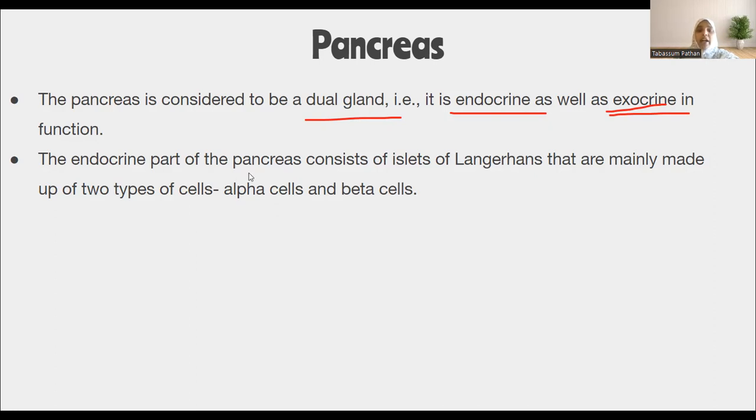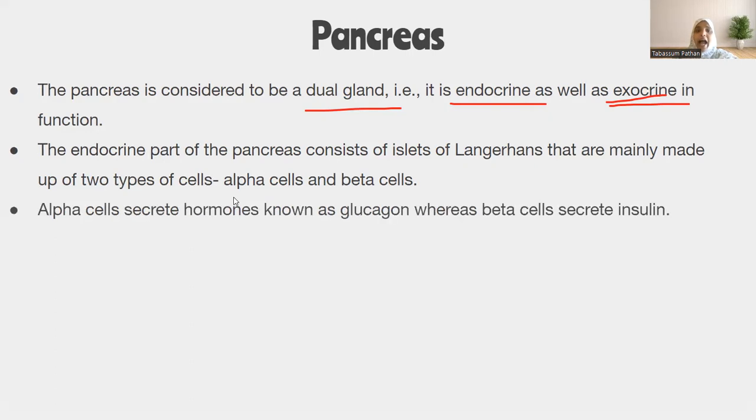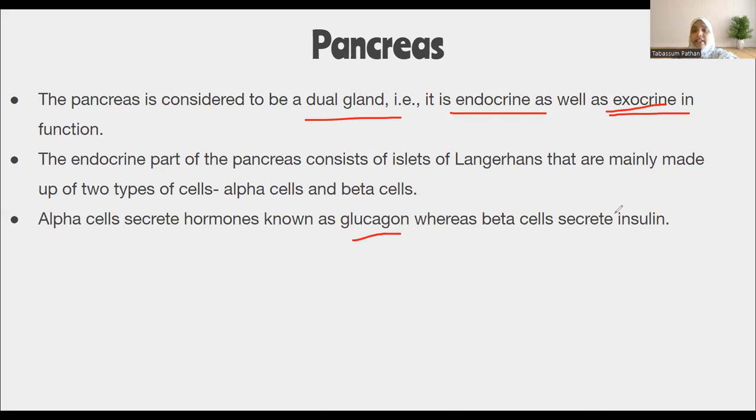The cells of the pancreas which secrete hormones directly into the bloodstream are the alpha cells and beta cells. The alpha cell secretes glucagon hormone, whereas the beta cell secretes insulin hormone.